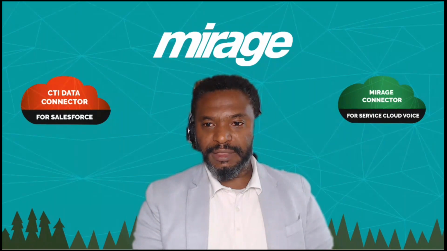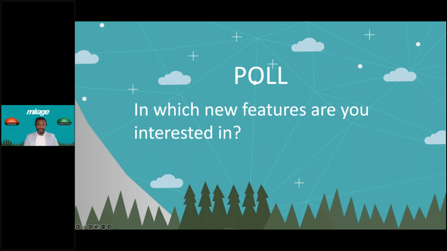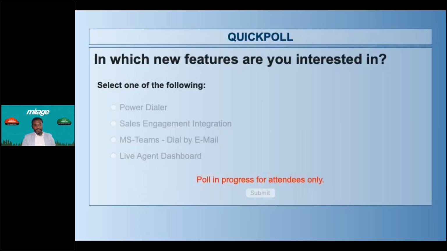Before that, we need a poll. Can you please help us with a poll by going in which new feature are you interested in? For us, it's always important to get an idea on what our customers do want, what they want us to extend so that they can better use our solution.